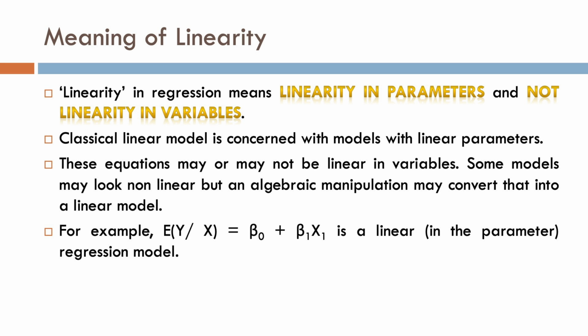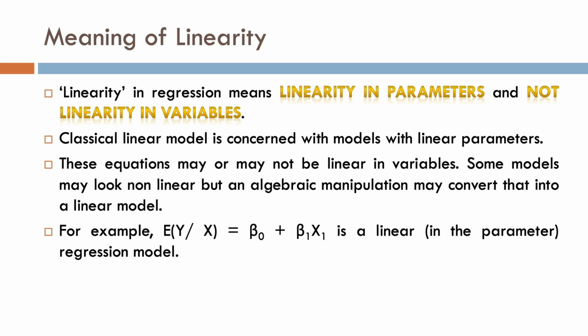The classical linear model is concerned with models with linear parameters. These equations may or may not be linear in variables. Some models, as we saw before, look non-linear, but an algebraic manipulation may convert them into a linear model.